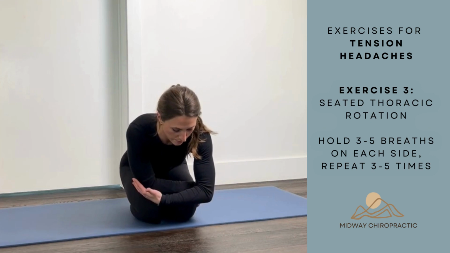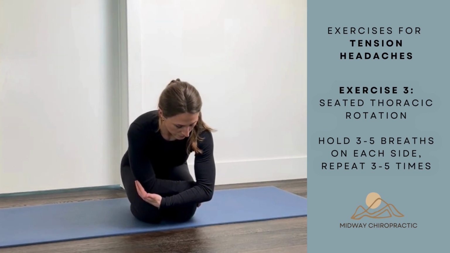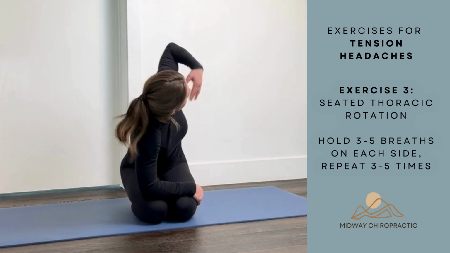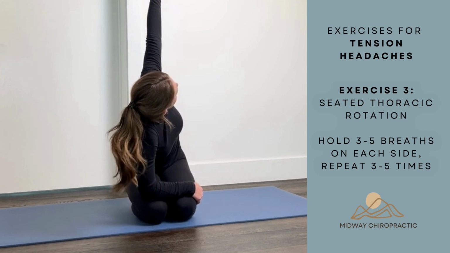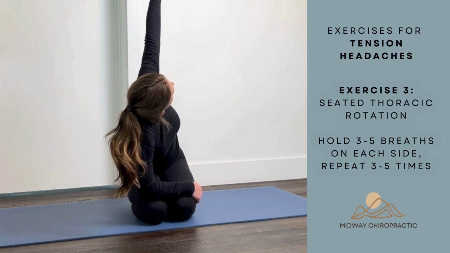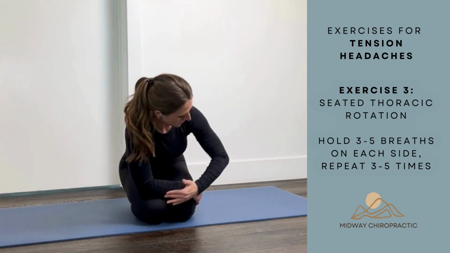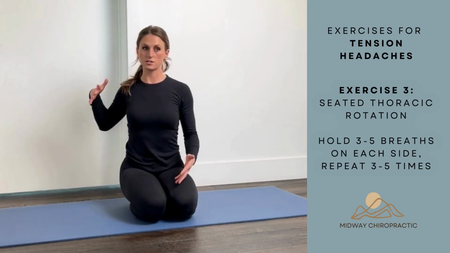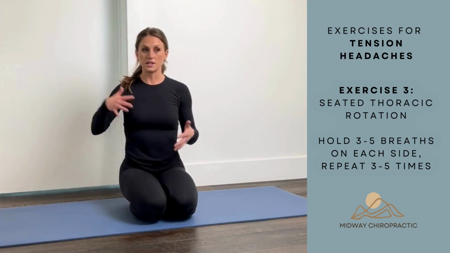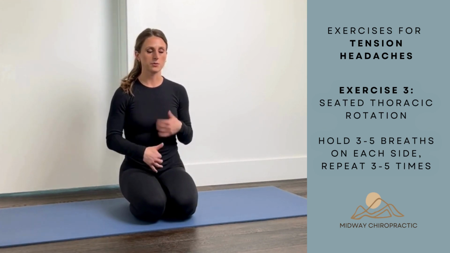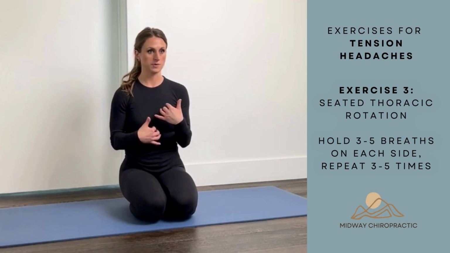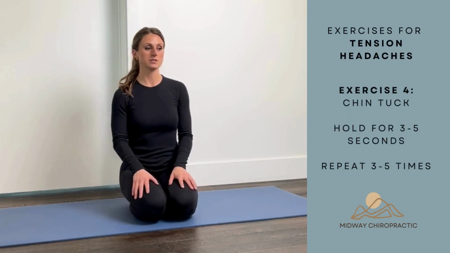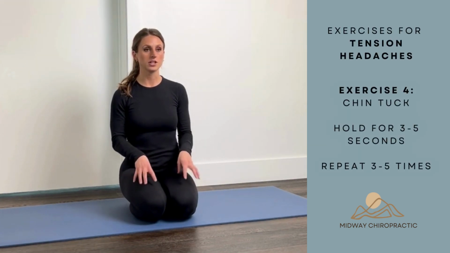So deep breath at the bottom, open, deep breath at the top, and close. And again, we can move through each of these stretches 3 to 5 times, and then 3 to 5 breaths with each repetition. So next we're gonna go into chin tuck.